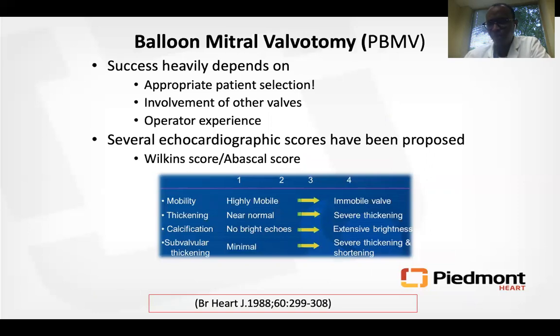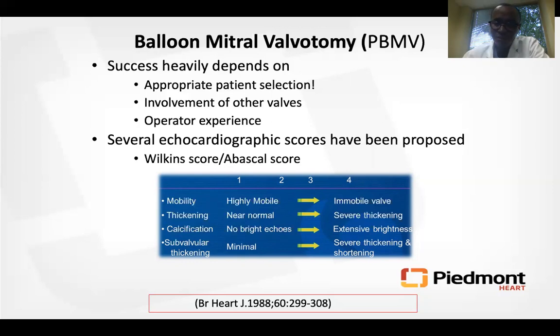So before we take the patient for a procedure for balloon mitral valvuloplasty, they have to be evaluated with 2D echocardiography and assessed for favorability. So the appropriate patient selection is really, really key for a successful outcome. What we do is assess their echo score, or the Wilkins score, for mobility, thickening, calcification, and subvalvular thickening, and we score the valve from 4 to 16, and the lower the number, the better.